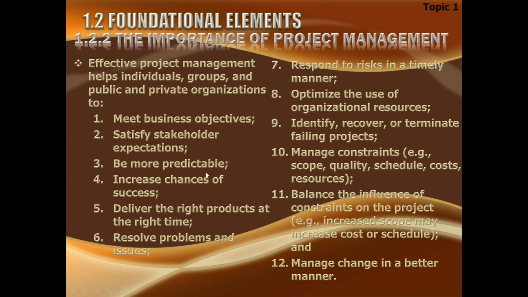Naturally, we planned and we did it. It increases chances of success, delivers the right product at the right time, resolves problems and issues, responds to risk in a timely manner, optimizes the use of organizational resources, identifies, recovers or terminates failing projects, manages constraints, balances the influence of constraints, and manages changes in a better manner. This is all the effectiveness.